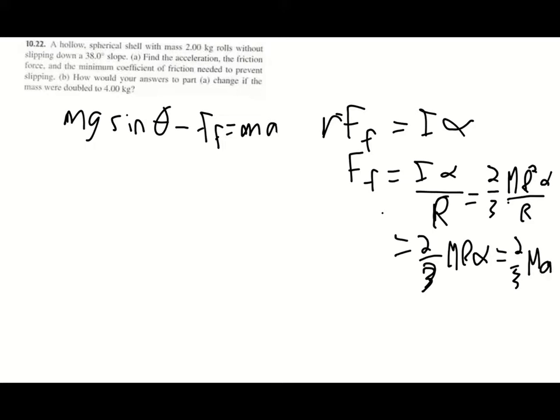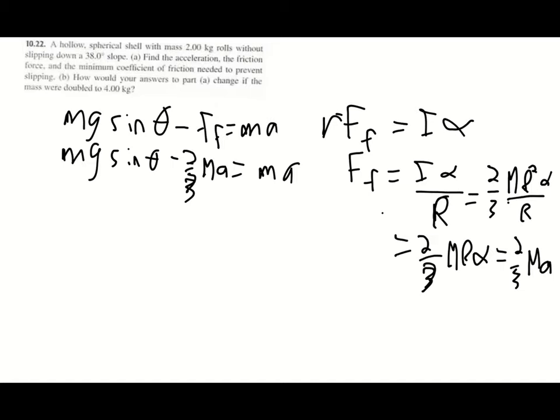Well, that's helpful to us. We can put that in and replace frictional force with it. Now we don't have anything but m's and a's and theta. We know the mass and we know the angle, so this is all pretty easy now. So mg sine theta minus 2/3 ma equals ma.